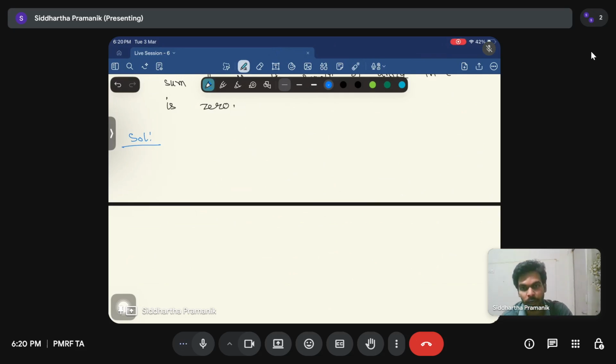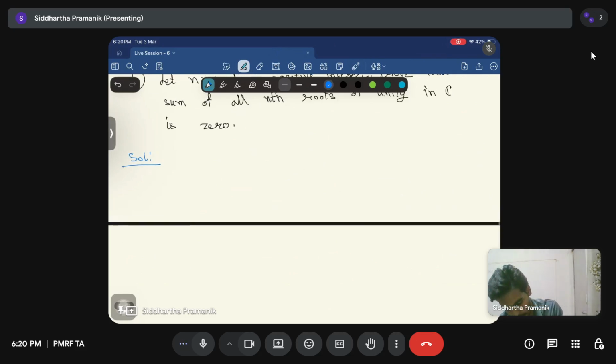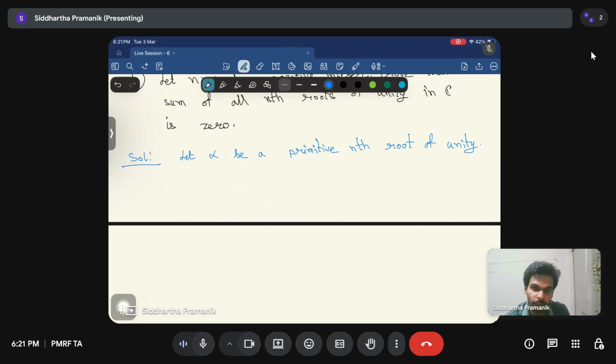So what is the nth root of unity? Let alpha be a primitive nth root of unity. Then using alpha we can get all other nth roots of unity, because they form a cyclic group that we have already seen.